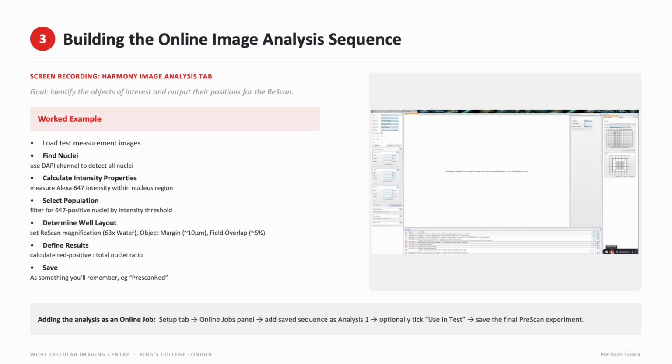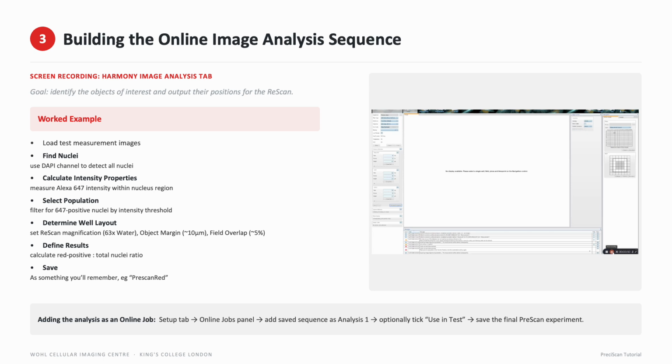And that is our next slide. To build the online analysis sequence, you want to load the test measurement images and then build a sequence in the way that you're used to building, but making sure that the analysis that you're running identifies your target cells separately from the rest of your cells. So you'll see in this example, we calculate intensity properties for the 647 within each nucleus region, select population to select for the ones that have 647 above our desired threshold.